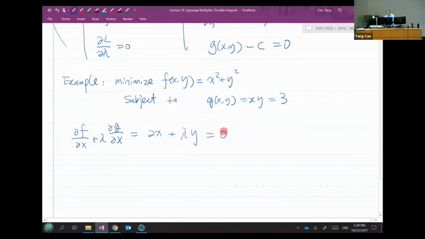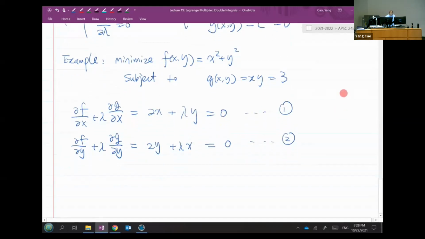So this equation needs to be 0, and this is our new equation number 1. The second equation is this one here. That gives 2y minus lambda x equal to 0. So that's equation number 2. The third equation is the constraint. So we get g of x, y equal to c. That gives me xy equal to 3.